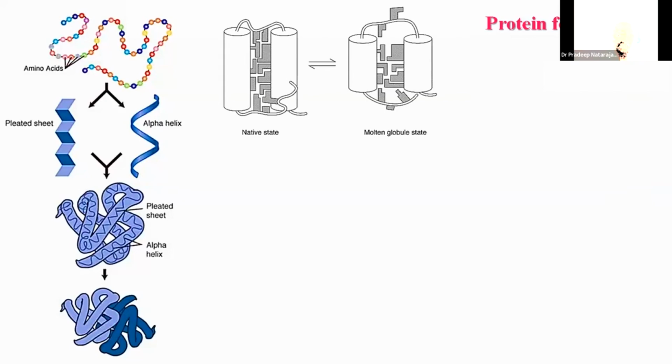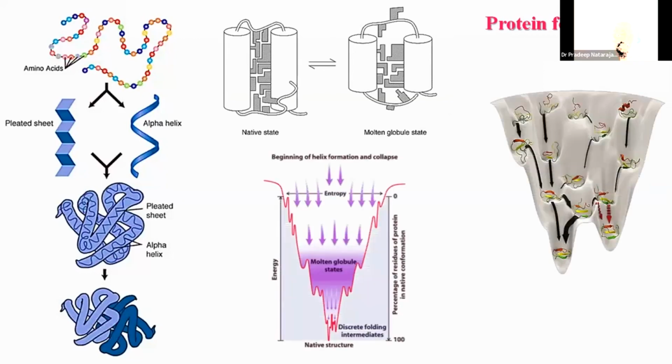During protein folding, entropy and energy are released and absorbed so that the amino acid polypeptide folds to form a native structure, right? This folding does not take a single step. It is a multi-step process.